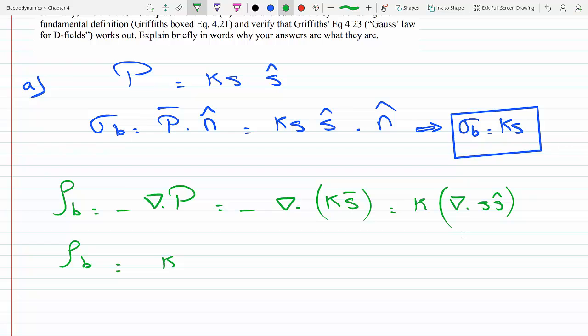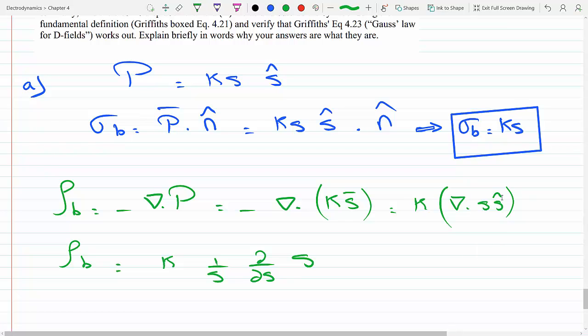So our component in the S is just S, and so the way we evaluate this, the divergence is 1 over S d over dS of S times V sub S, which is the S component of the V in the S direction, which would just be S, correct?